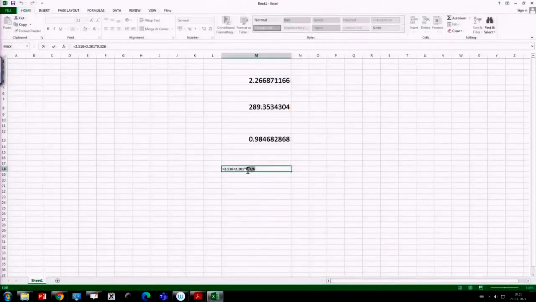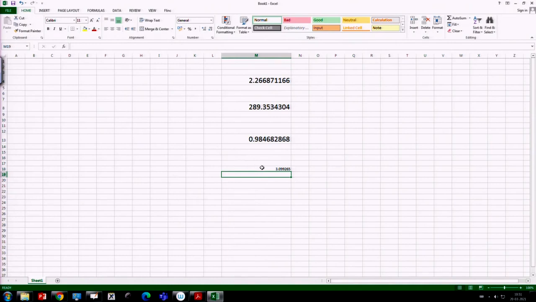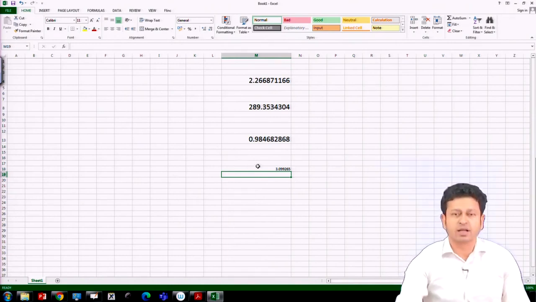So 2.516 plus 2.201 times 0.265 is going to give me something around 3.09 or 3.1.